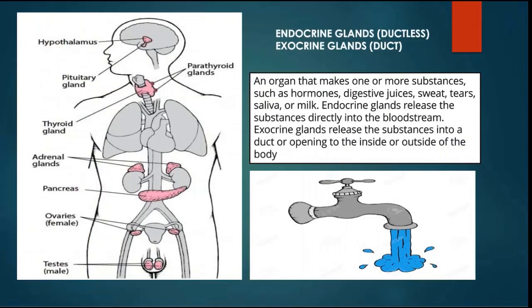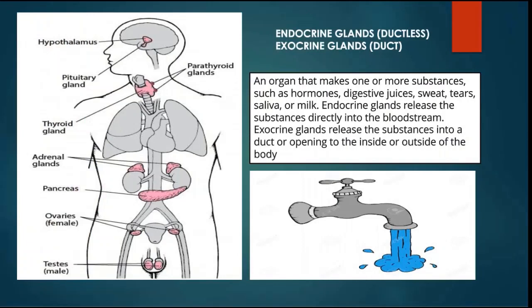If you need to know more about maturation of sperm cells, you need to go to the topic of reproduction. But from this topic, they can only ask you the function of testosterone as well as the function of the testes, or what secretes testosterone. You know that it's the gland called the testes. You should also know where the testes and the ovaries are located in the human body.